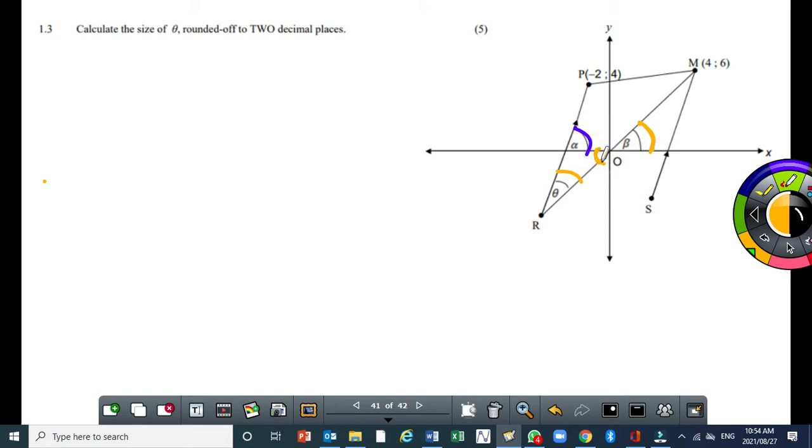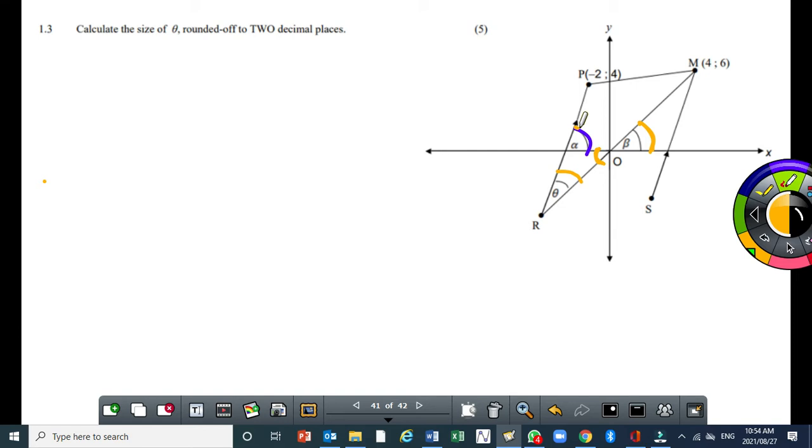They are vertically opposite from your grade 8 and 9. Therefore, this angle is beta. So alpha, which is an exterior angle, is going to be equal to beta plus theta.